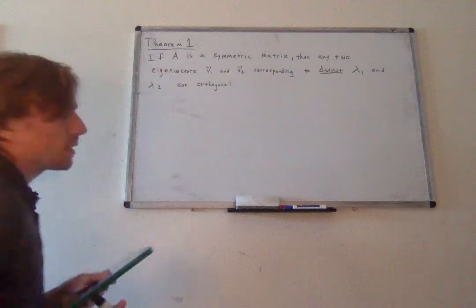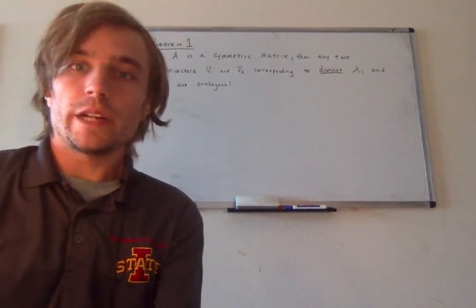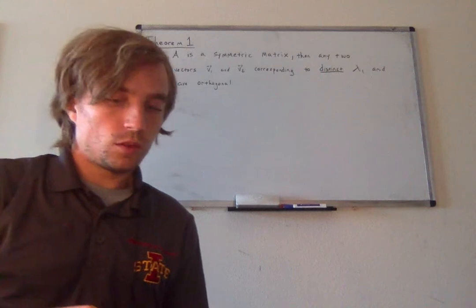Like I said, with this theorem we want to prove that what we saw in the last example was not a coincidence, that we would have expected that to happen.